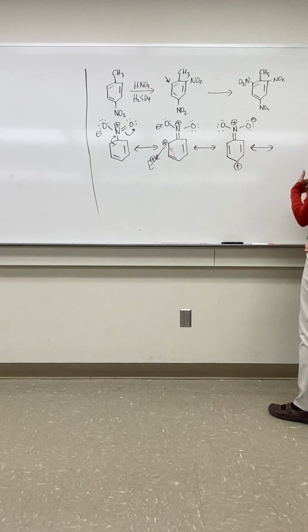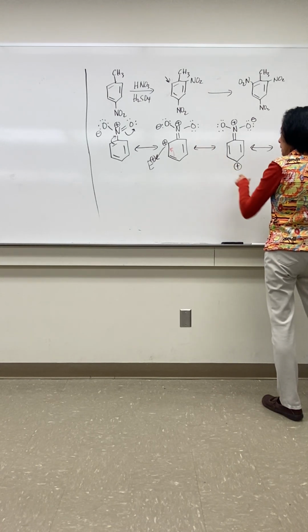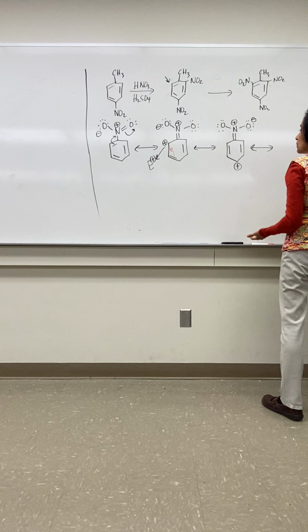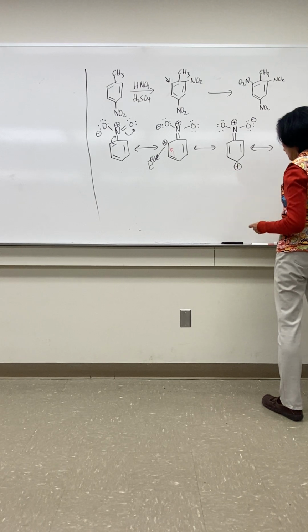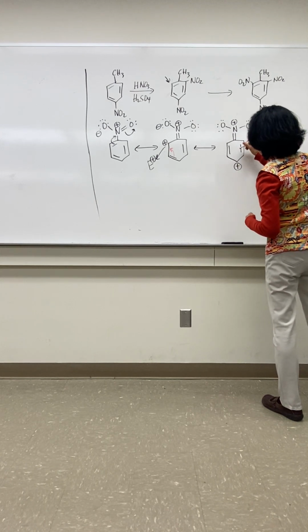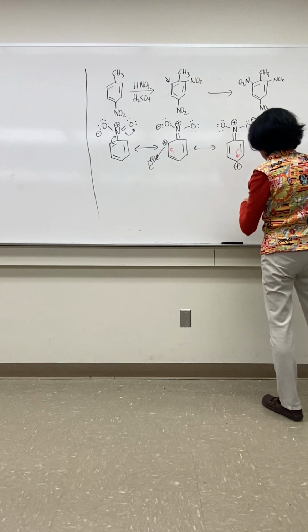So these are resonance structures, this is not the mechanism, okay? This is just resonance, proving that the ortho and para are not available for the electrophile to make a bond. So for this structure, we just pick one, it doesn't matter which side.